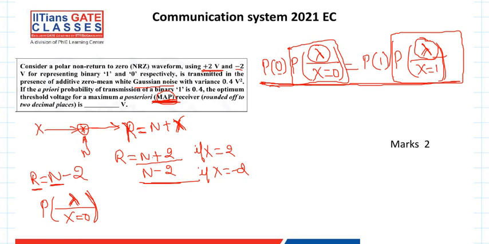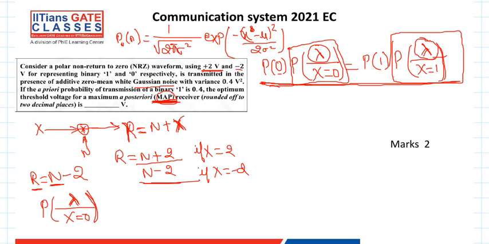Now n is a noise with Gaussian PDF. Now let's write its PDF expression. So it will be Pn, where n is the noise, 1 upon under root 2 pi sigma square, where sigma square is the variance of the noise, exponential of minus (x minus mu) square by 2 sigma square, where mu is the average of the noise.